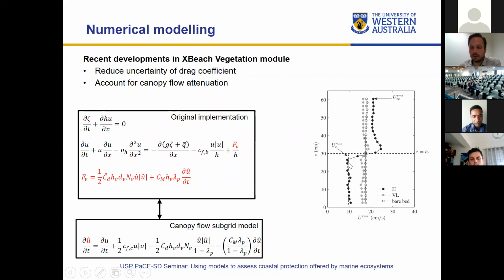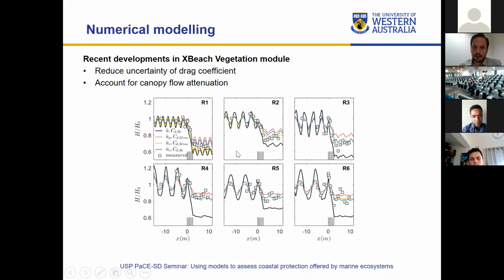But if you look at the plot, the velocity inside the canopy is very different. So we implemented a subgrid model that calculates this in-canopy velocity, and with that calculates the drag force and inertia force. And that reduces the uncertainty, because although we don't account for flexibility and all these kinds of things yet, we do now account for this canopy flow attenuation.